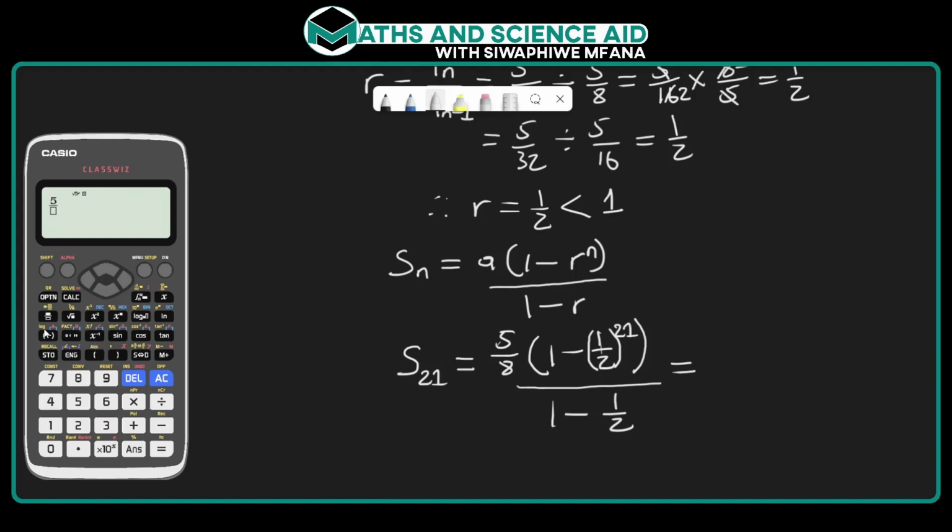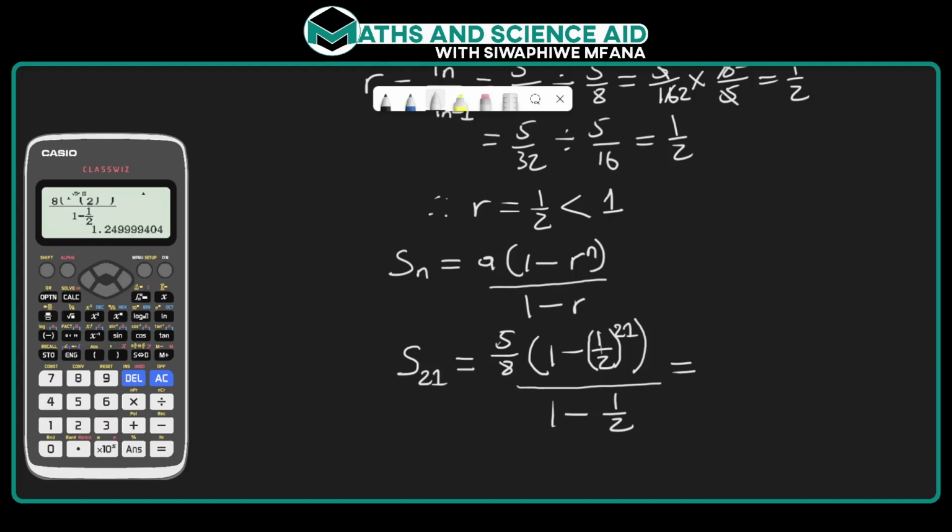So we have 5 over 8 multiplied by 1 minus open bracket 1 over 2 to the power of 21. And then we close brackets and we divide that by 1 minus 1 over 2.